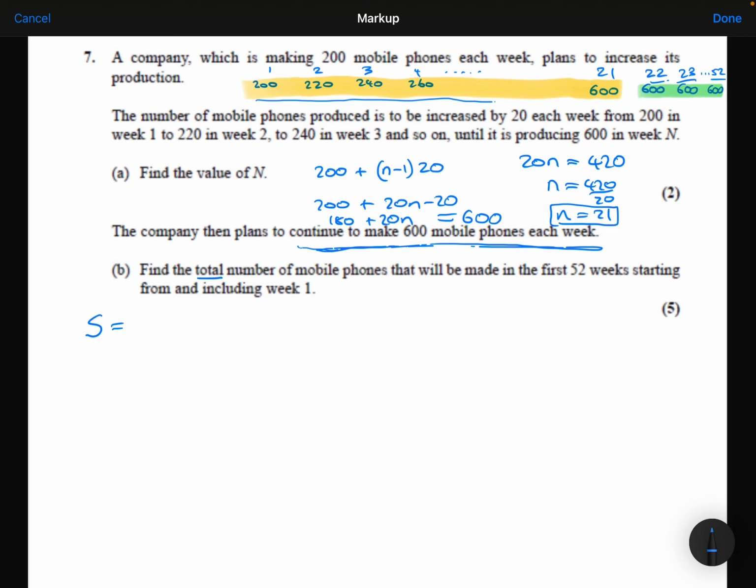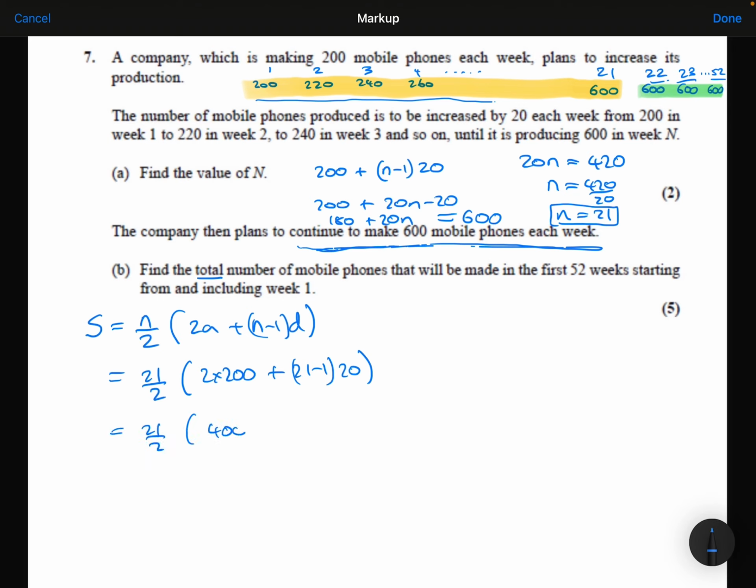So we'll use the sum formula, which you do get given in the formula sheet. I'll write it down here. n over 2 times 2a plus n minus 1 times d, where n is 21, a is our first term, which was 200, and d is the common difference, which was 20.